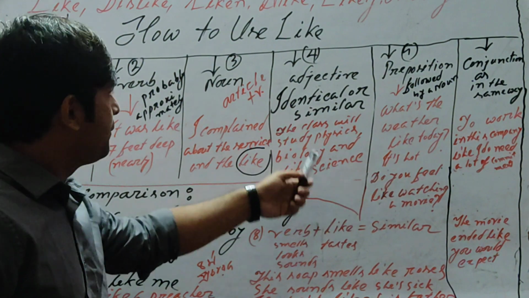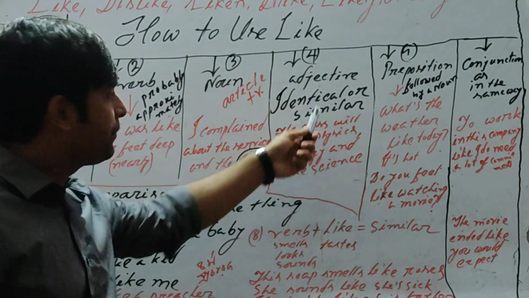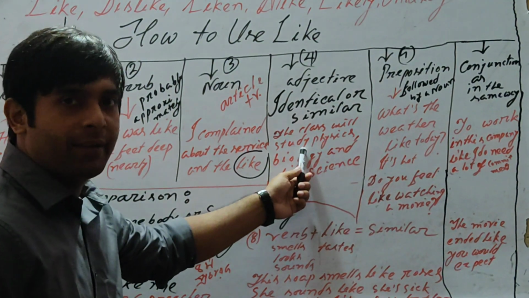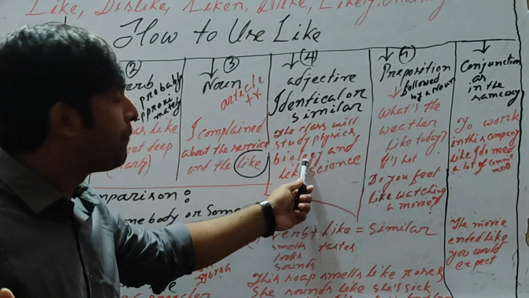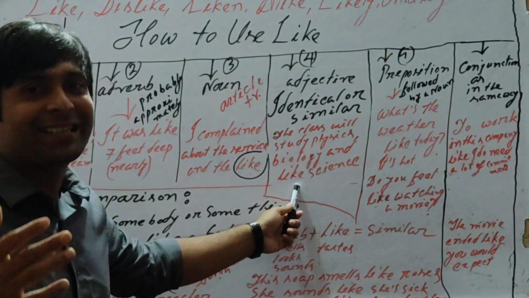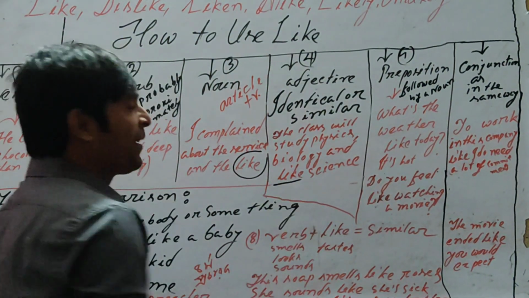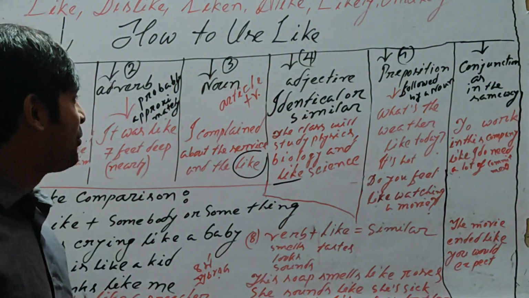It describes as an adjective. How is it possible? The class will study physics, biology, and like science. In 'like science', like has been used. How does it describe? You can get the point.